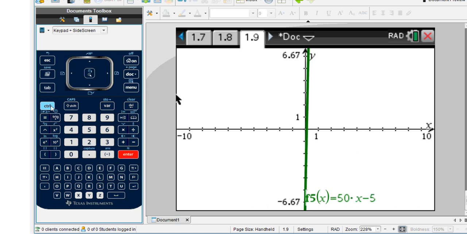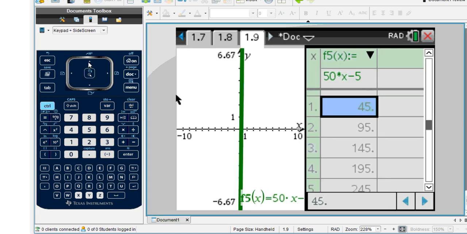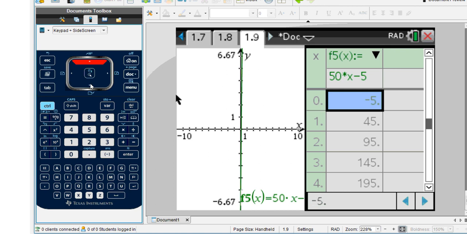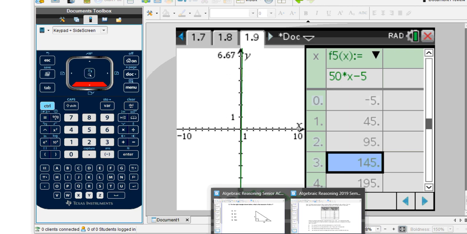We go to Control T, see what's going on. Well, we have -5 on 0, which we don't see, but 45, 95, 145. Let's look at the table view. Then 183. Okay, that's 183. So 45, 95, and 145.